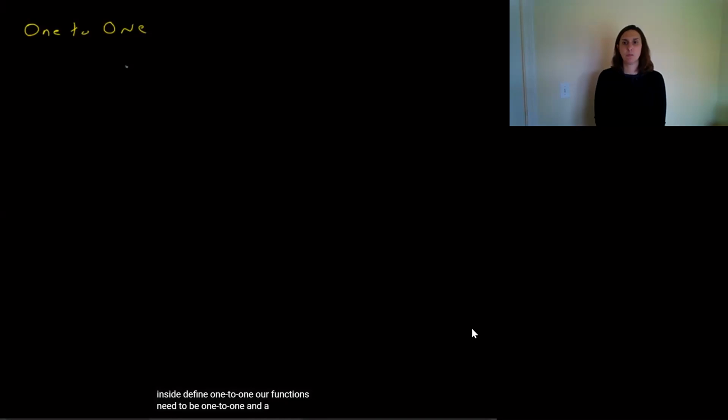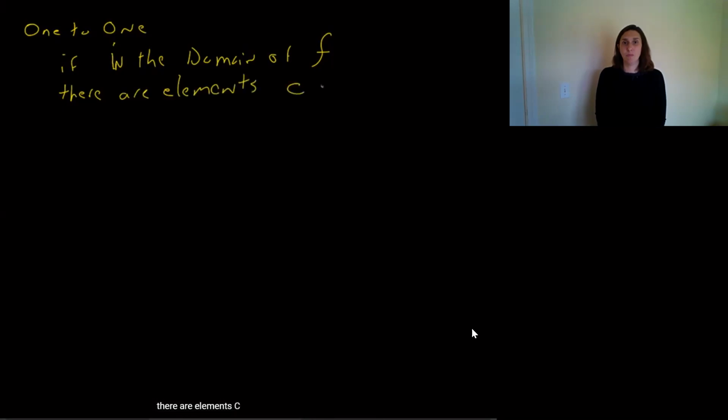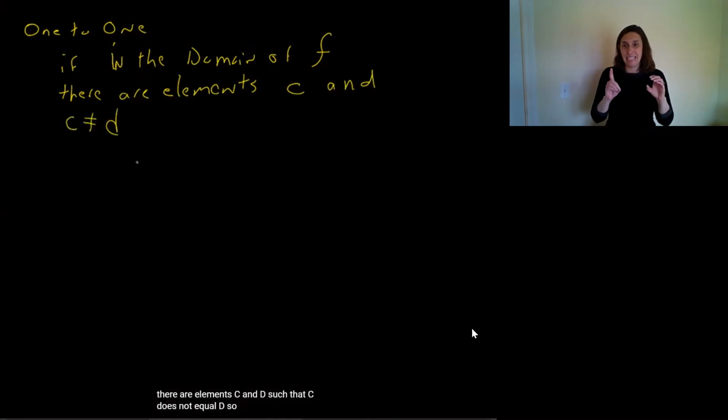And a function is one-to-one if in the domain of the function there are elements C and D such that C does not equal D. So this is saying you take your domain of your function and you pick two elements.